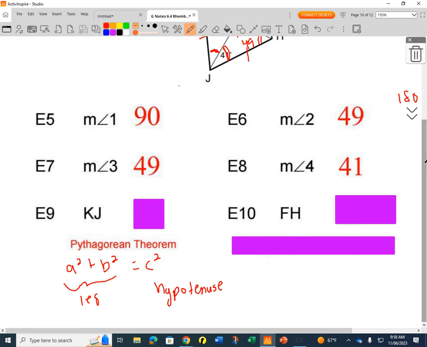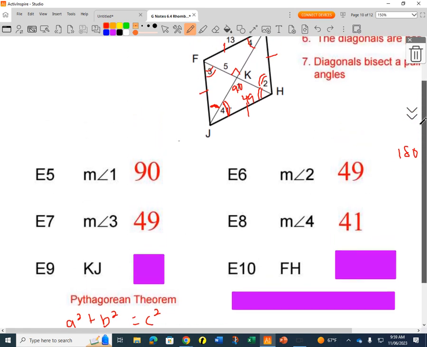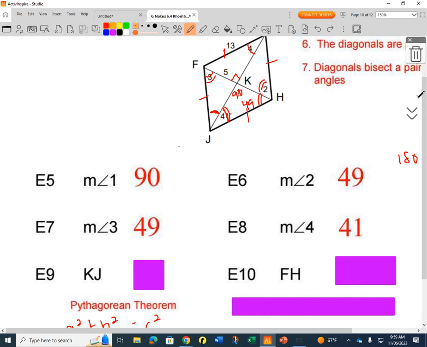So looking back at our diagram, what do we know? Do we know the length of the hypotenuse? Remember, the hypotenuse is the side across from the 90-degree angle. Do we know how long that is? It's 13, right? This side is 13, so this side is 13. Now this is what we want to know.